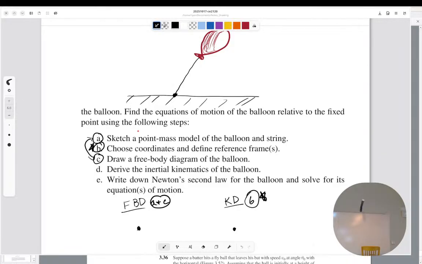Or here, MG sine theta equals MG sine theta.